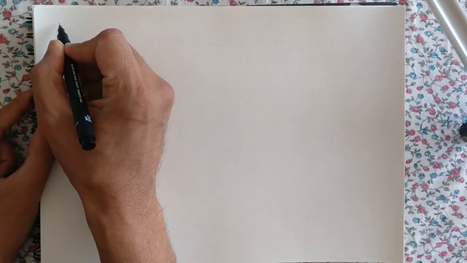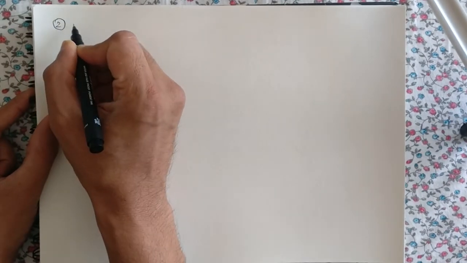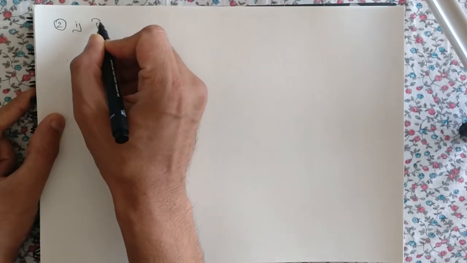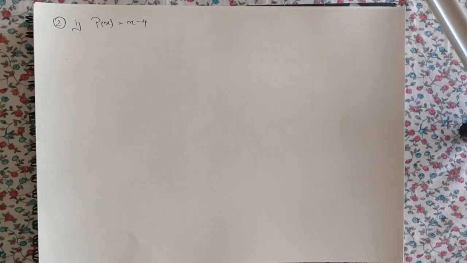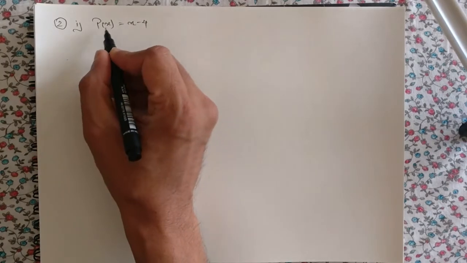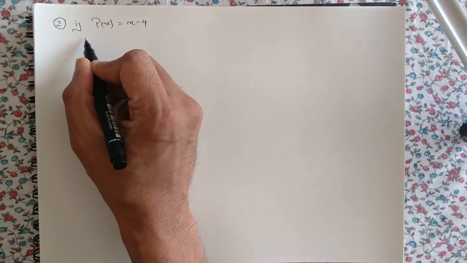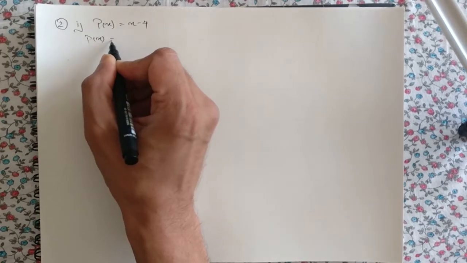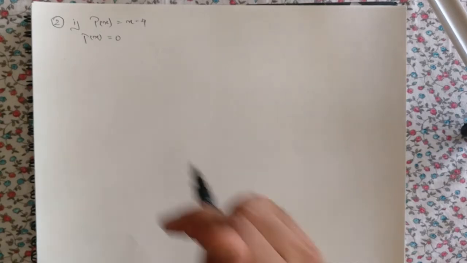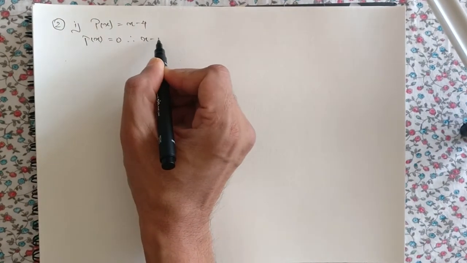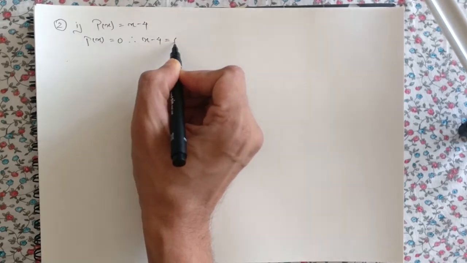So this is example number 2. First question, you have to find 0 of polynomial p of x, x minus 4. If you want to find the 0 of this polynomial, first equate this polynomial with 0. Make p of x equal to 0. Now p of x is 0, therefore x minus 4 is 0, right?